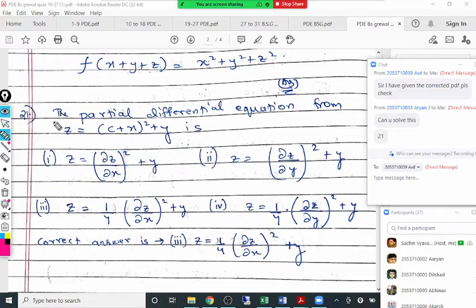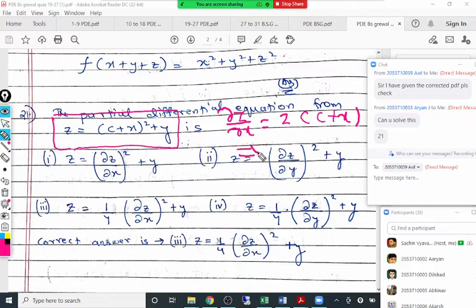Let me show you. This is the equation we are given. If we differentiate it with respect to x, we get dou z by dou x is equal to 2 times (c plus x). As we are differentiating partially with x, the derivative of y is 0. So we get the value of c plus x.